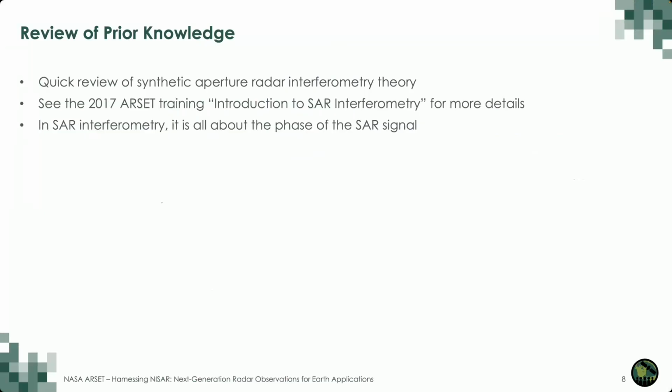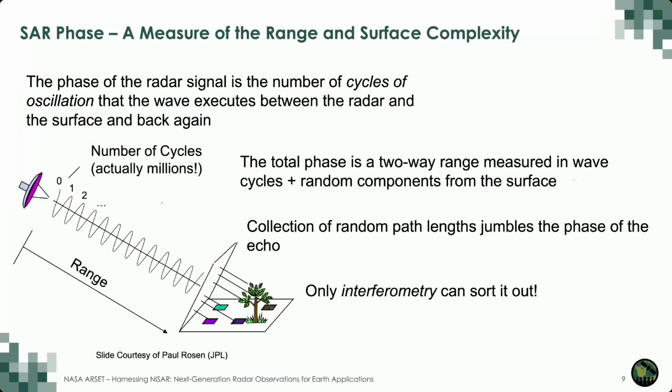The SAR phase is a measure of the range between the satellite antenna and the ground, plus something about the complexity of the objects within a given radar pixel.